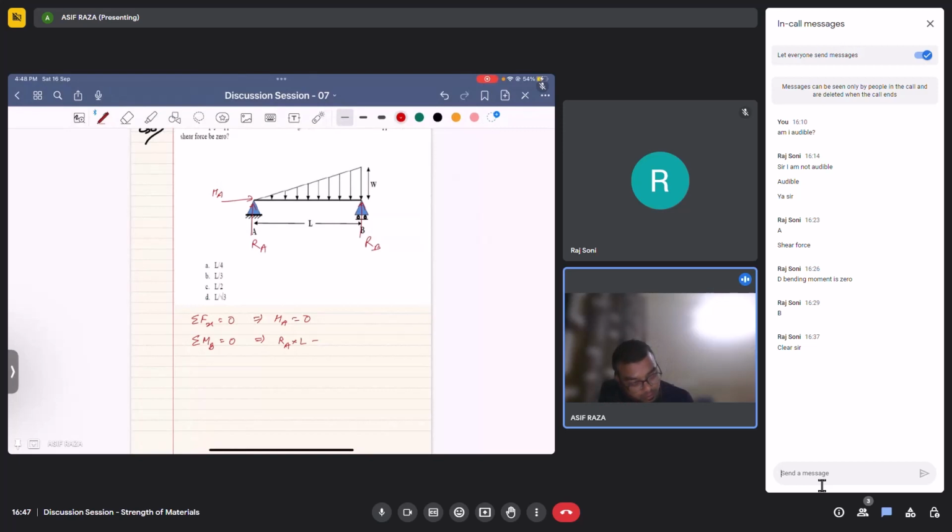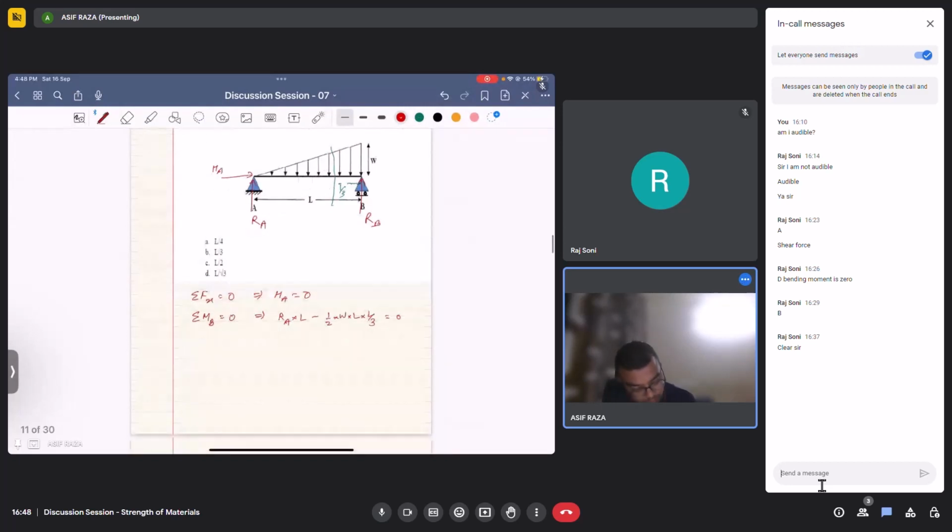The load would be half into W into L, and it would act at a distance L by 3 from the right hand side, and we'll just substitute it here. L by 3 equal to 0. So this would give me RA equal to, L cancels out, W L by 6.